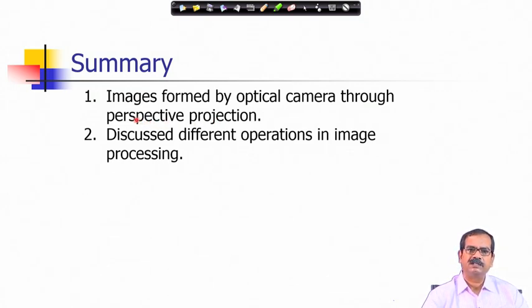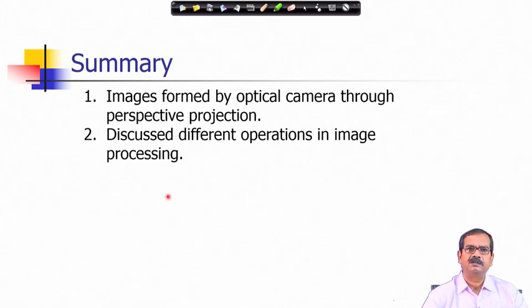The rule of projection is that from a 3-dimensional scene point you draw a straight line which passes through a particular point known as the center of projection and hits the image plane. That point of intersection defines the corresponding image point. That is perspective projection.